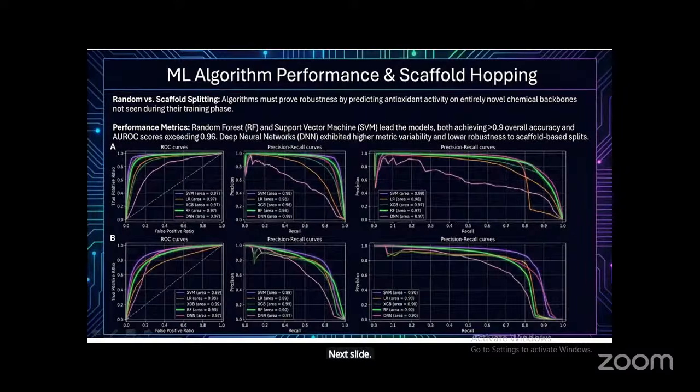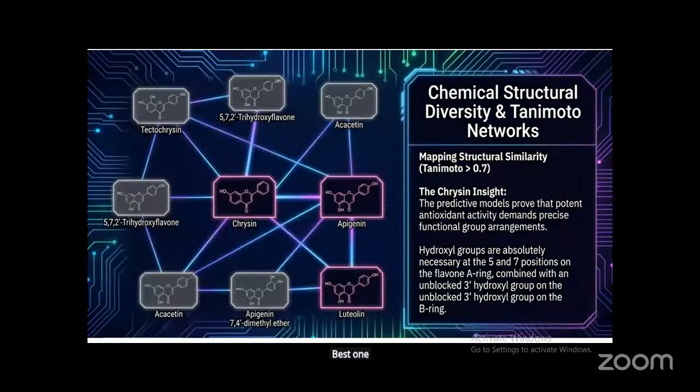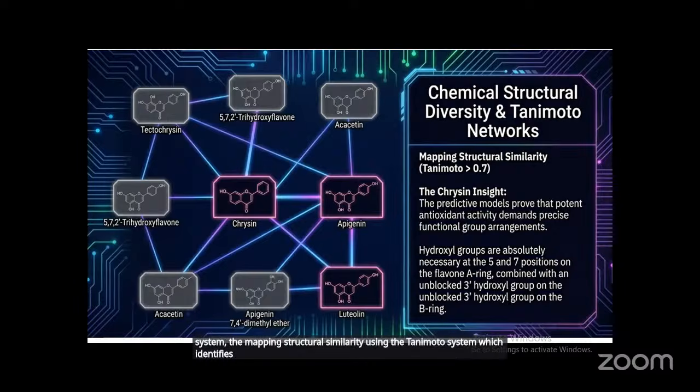next one. So finally, by using different softwares, especially the Tanimoto network system, mapping structural similarity using the Tanimoto system identifies the different molecules that are favorable from a given pharmacophore.